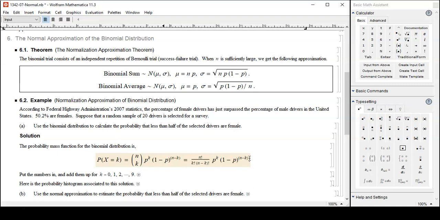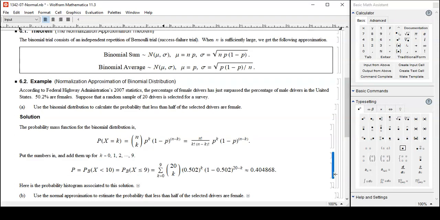And that's highly unpleasant computation to do. And then you have to repeat it for how many times? 0 through 9, because you need less than half of 20, so less than 10 drivers.